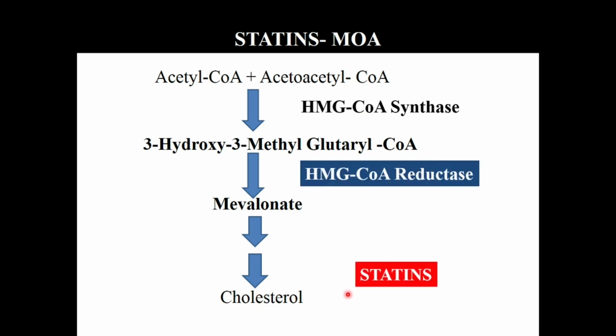Statins inhibit this HMG-CoA reductase. This is the rate limiting step of cholesterol metabolism, if I am not wrong. The statins inhibit this enzyme, so the subsequent reactions are automatically inhibited. As a result, the amount of cholesterol produced in the body is reduced.